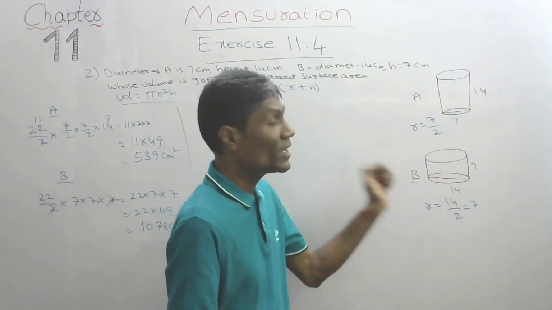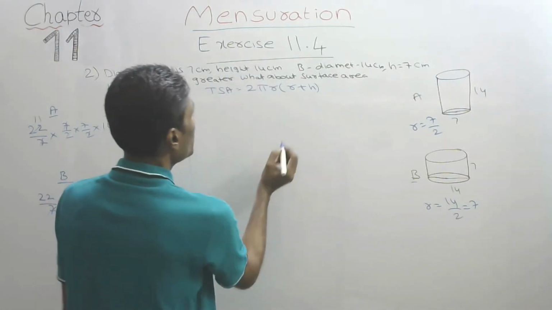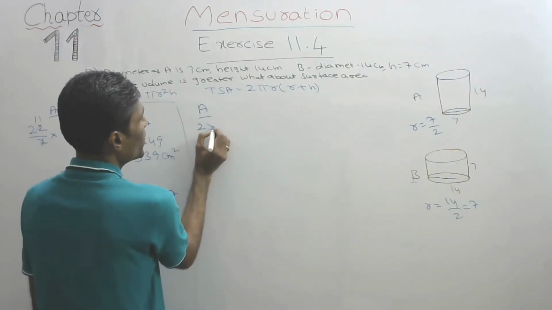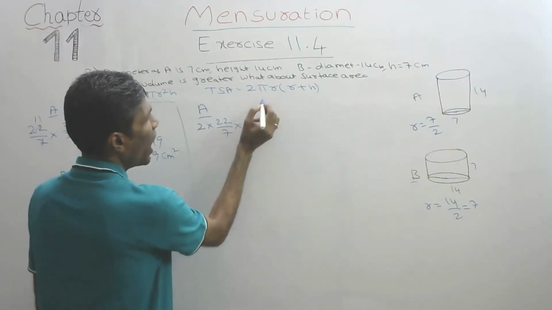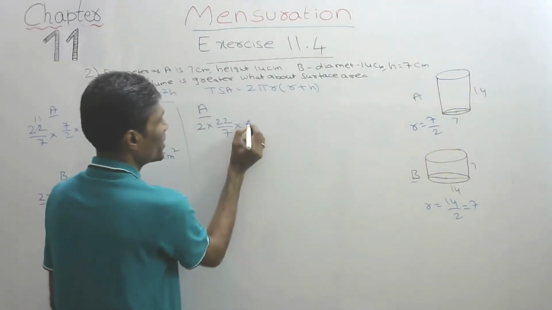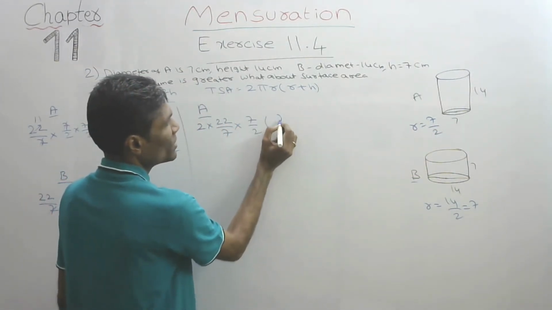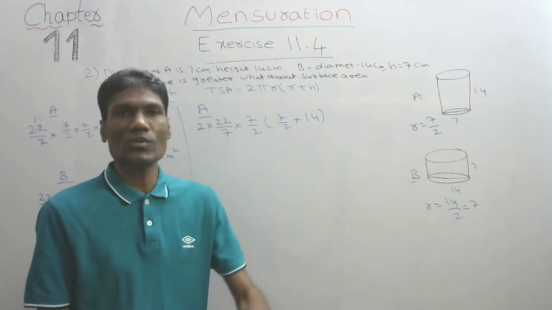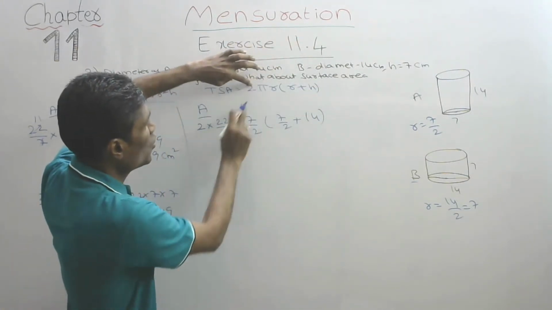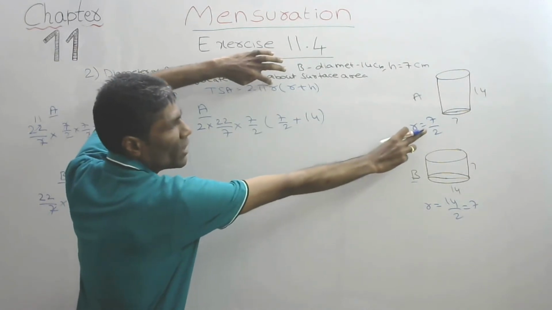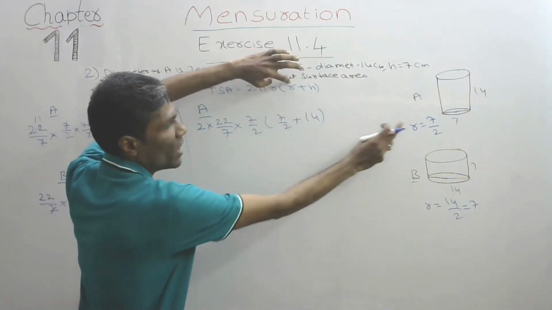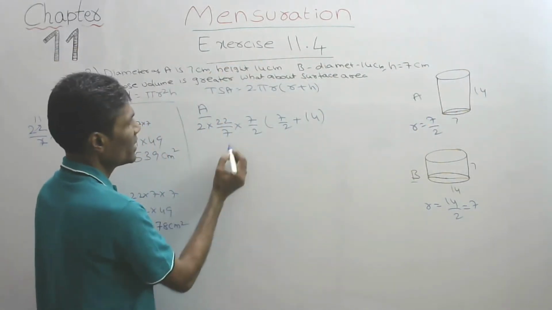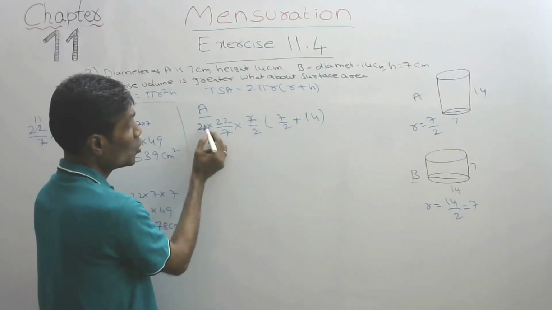Now let us calculate surface areas. Formula we know, 2 pi r into (r plus h). First for A, 2 into 22 by 7 into r. What is r? 7 by 2. Into (7 by 2 plus what is h? 14). Just we are substituting the values. In place of r we are putting 7 by 2, r plus h, 7 by 2 plus 14. 7, 7 cancel, 2, 2 cancel.